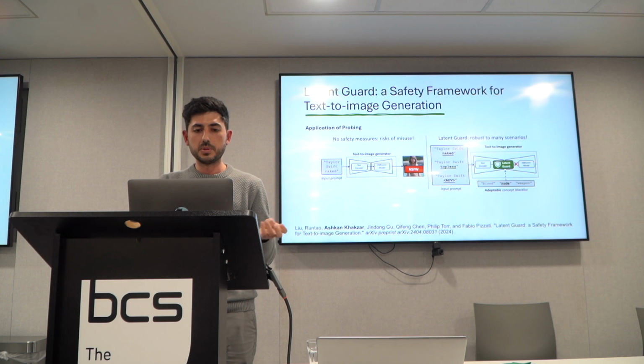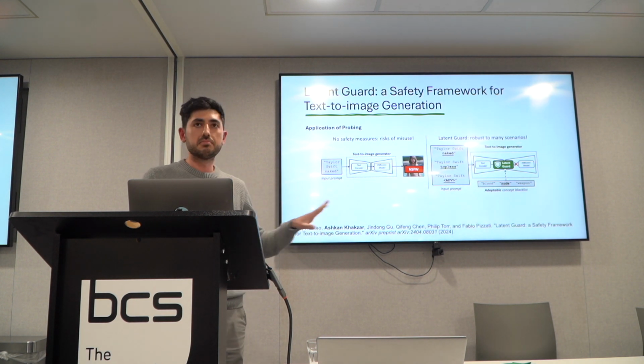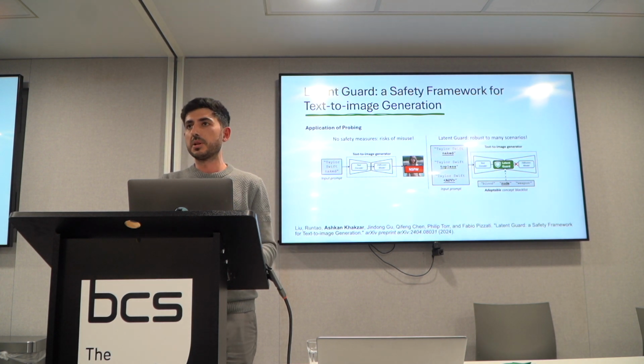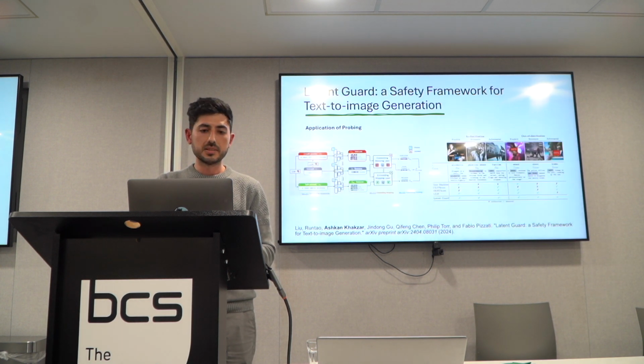We just proposed a very simple architecture to stop this. That is, we just put a probing classifier, a contrastive probing classifier, in the text encoder. It's a very easy and hacky method, but it works quite well. And for deploying on image generation methods, it could be very useful to stop making unsafe content.